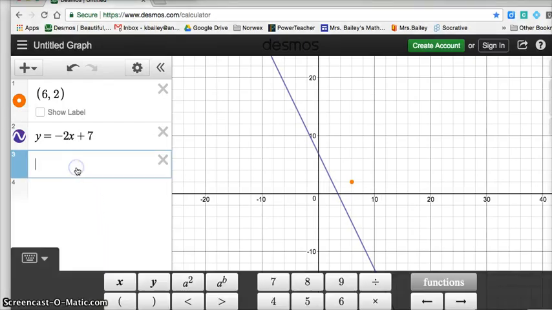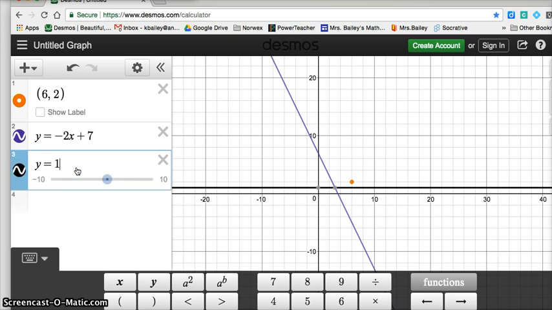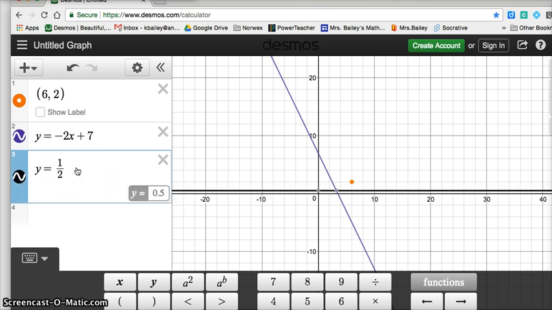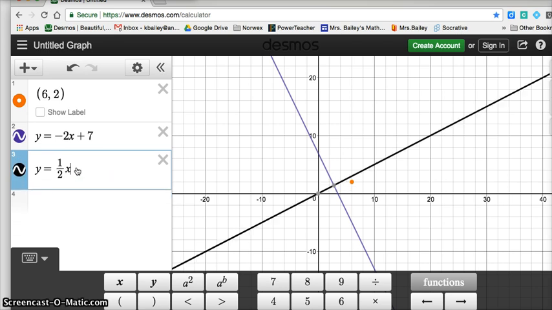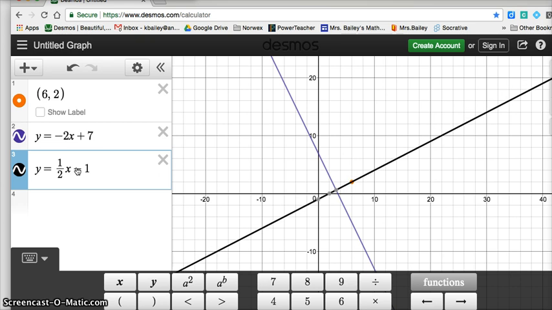So we had y equals 1/2 x, what was that? Minus 1. So if you notice, the black line is that new line, the equation that we just wrote. It is perpendicular to the purple, and it's going through that orange point, which is exactly what we wanted.